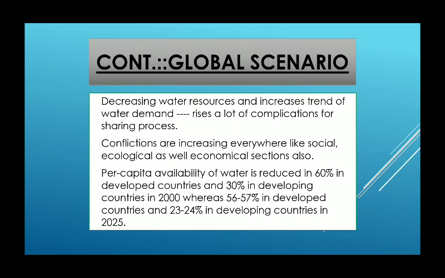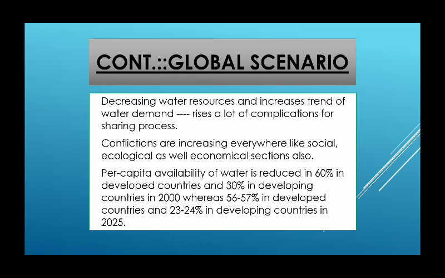With the decrease in the resource and increasing water demand by various user sectors, the concept of sharing is becoming complicated too. So conflicts related to water users are increasing everywhere, driven by social, ecological and economic values.